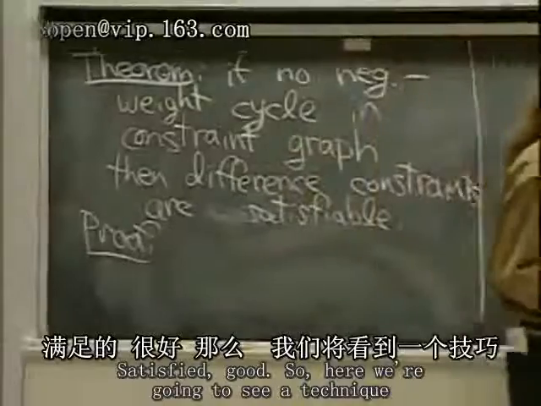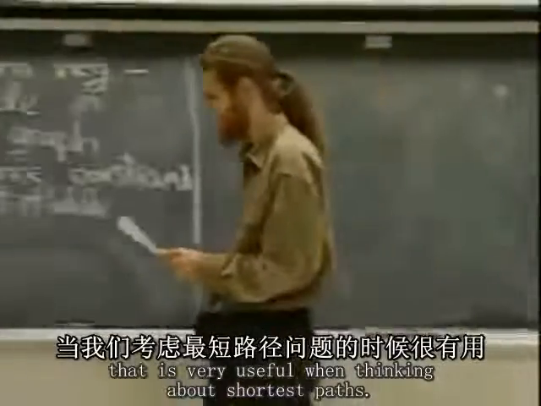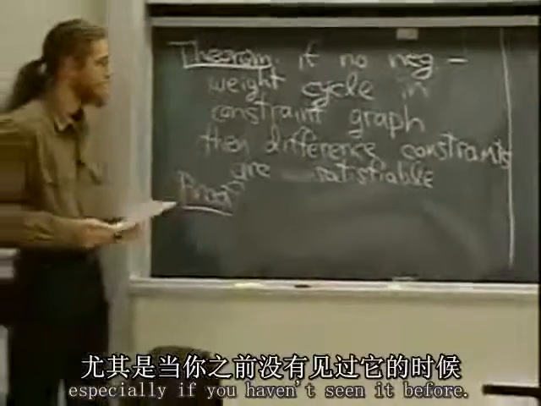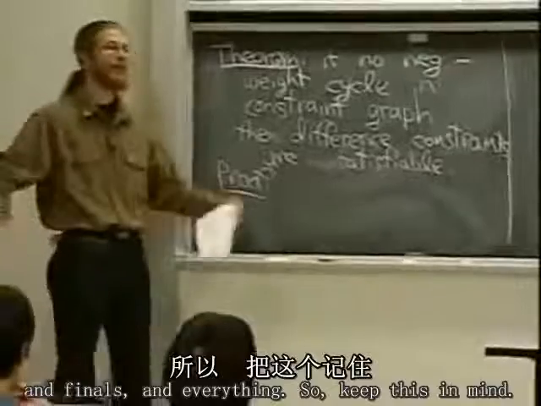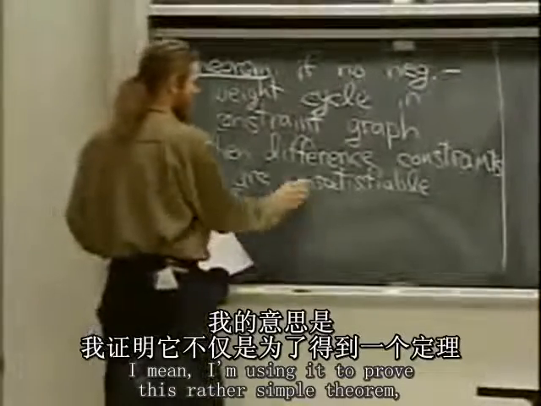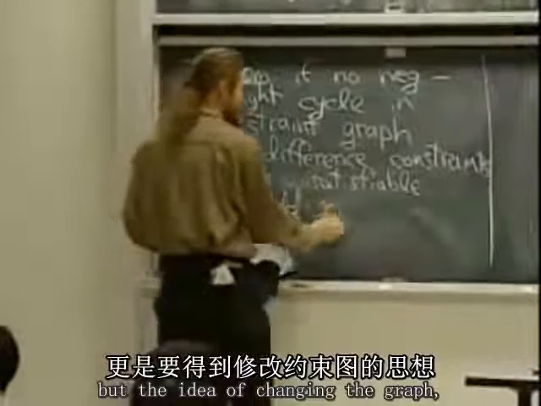So here we're going to see a technique that is very useful when thinking about shortest paths. And it's a bit hard to guess, especially if you haven't seen it before. This is useful in problem sets and in quizzes and finals and everything, so keep this in mind. I'm using it to prove this rather simple theorem, but the idea of changing the graph is a very powerful idea.